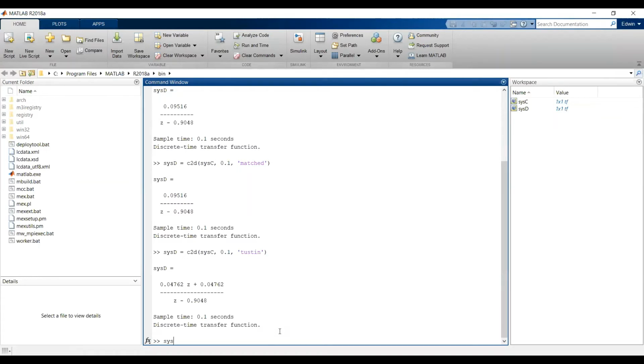So again, sysD is equals to C2D, sysC, sampling time 0.1, and my method is impulse. Right, so when I do that, I get my sysD as 0.1z divided by z minus 0.9048. So this is my result using MATLAB.